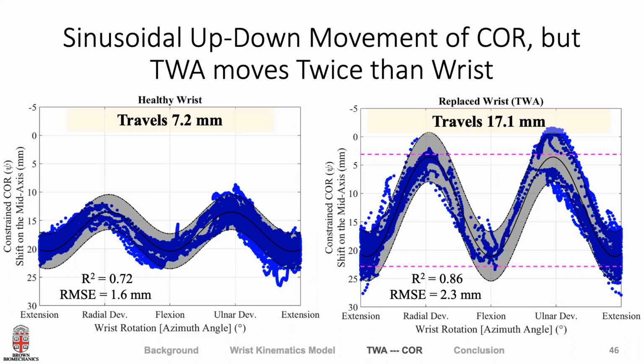The healthy wrist's center of rotation traveled approximately 7 millimeters, while the replaced wrist center of rotation traveled about 2.5 times more than that, about 17 millimeters. The pink dashed lines here show the location of the centers of curvature, which we saw in the previous slide.